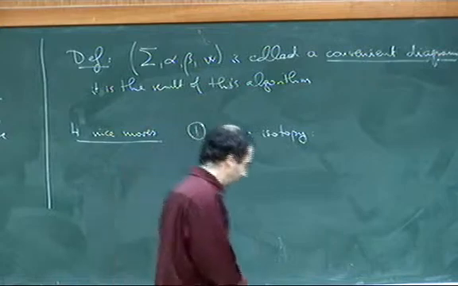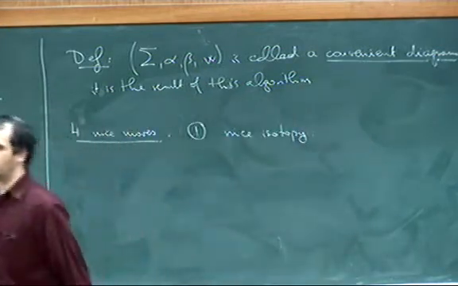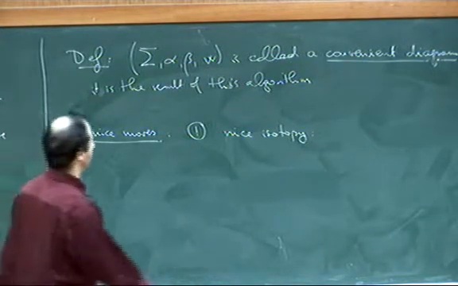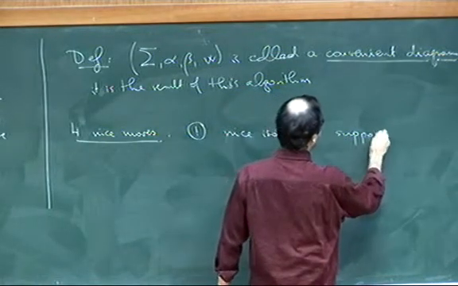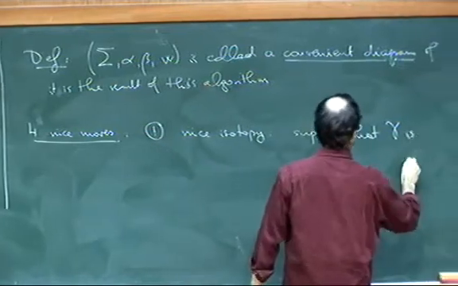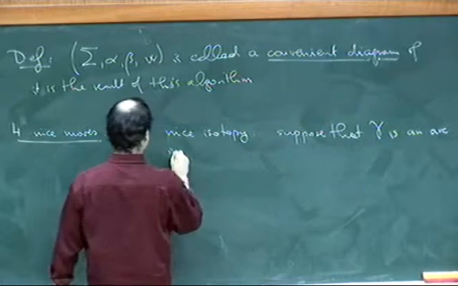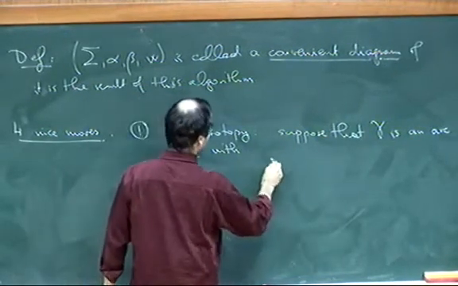So here are 4 nice moves. 1. Nice isotopy. How do we define an isotopy? What's the convenient way to define an isotopy of curves on sigma? So suppose that gamma is an arc in sigma with the following properties.